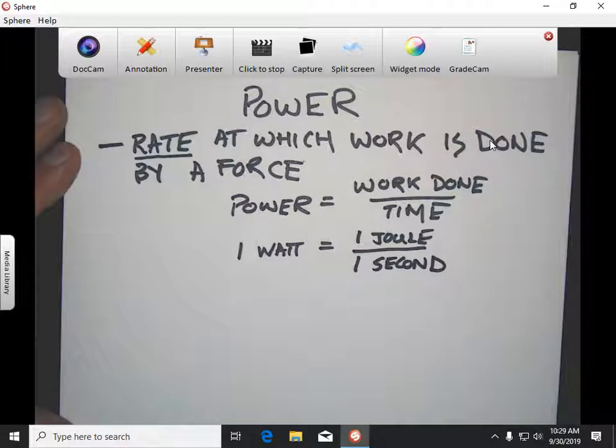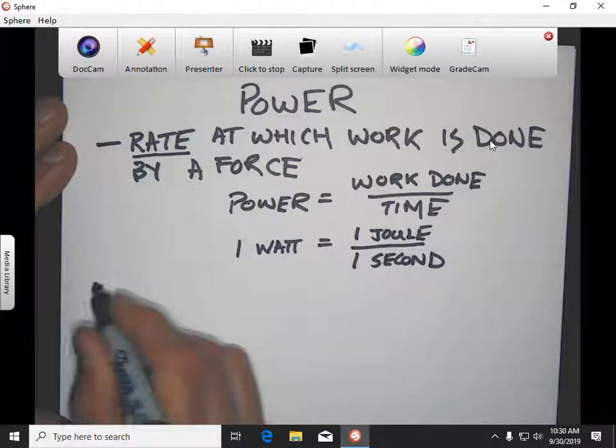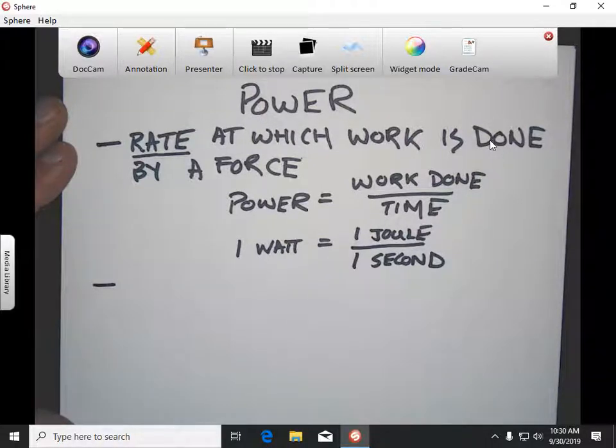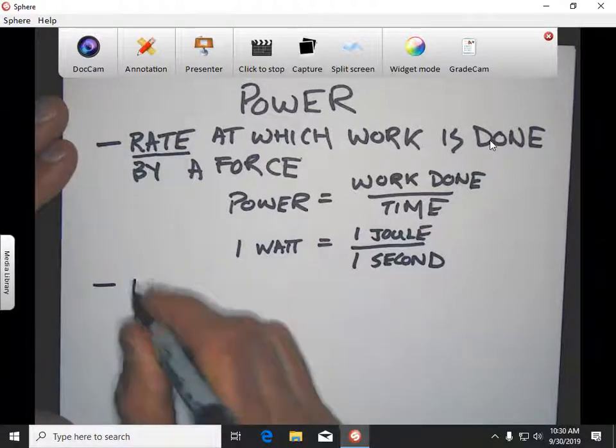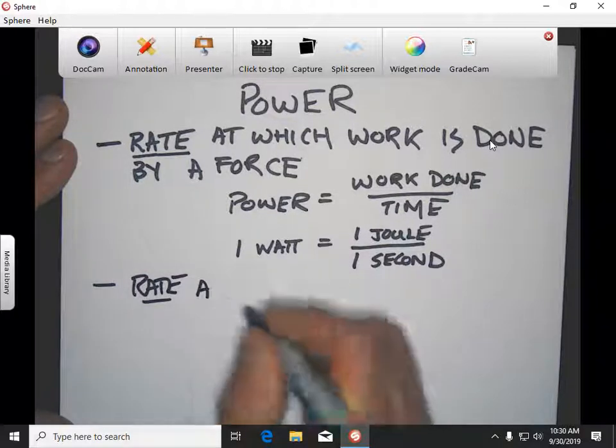Okay. There's another way that you can think about power that might be helpful in some problems. Sometimes instead of talking about the work done by a force, you talk about the rate at which energy is transformed. And that's going to be the same thing in many ways.